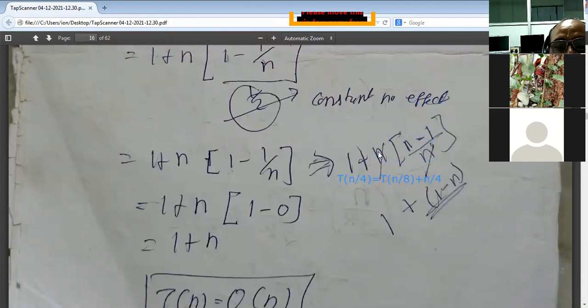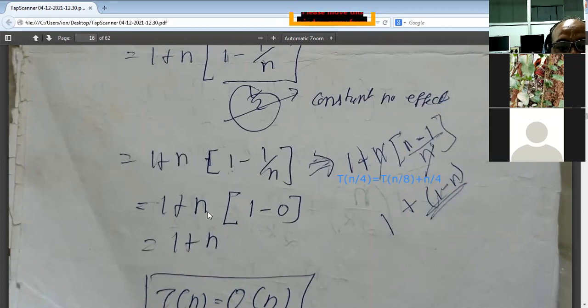You can solve this. 1 plus n, n common, I have opened this bracket, it will become n minus n/n. So n/n cancels, it will become n minus 1.